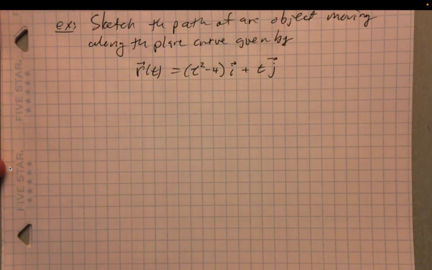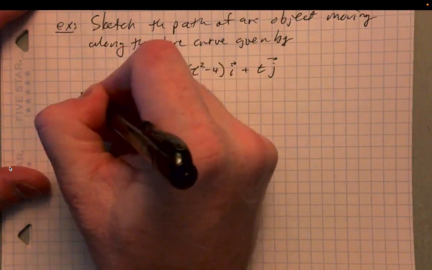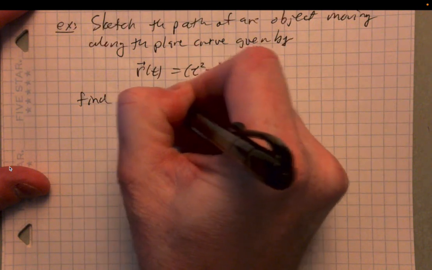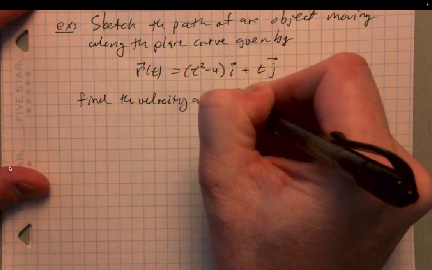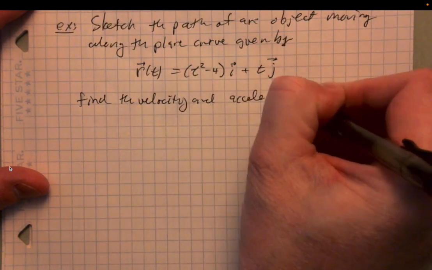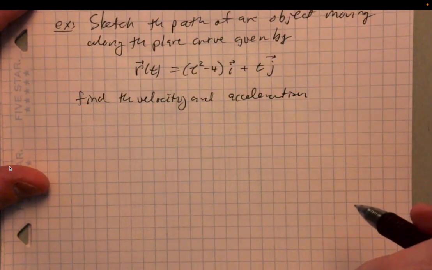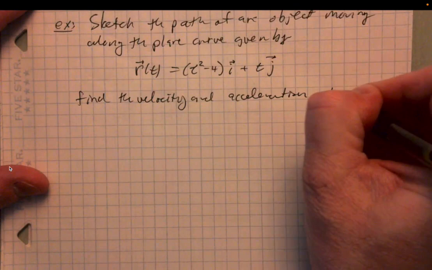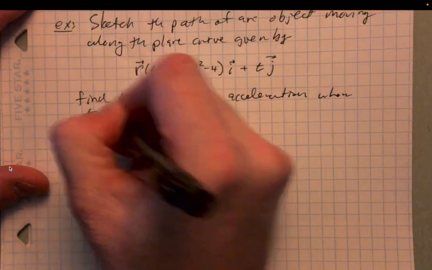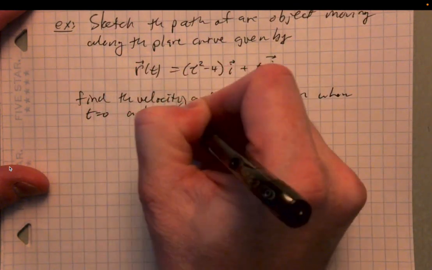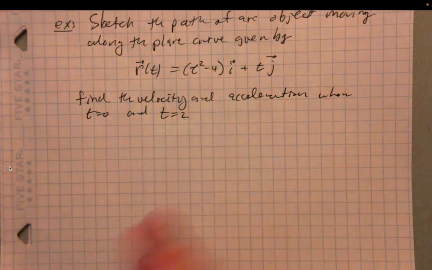We want to sketch the path of this object, and we want to find the velocity and acceleration, specifically when t equals 0 and 2. So two specific times.